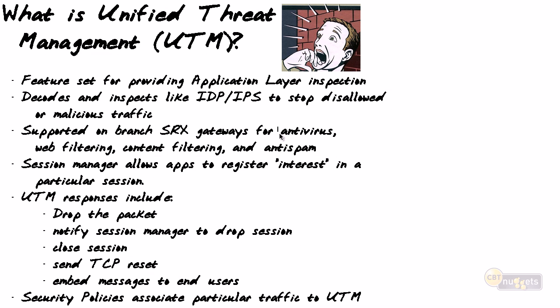I think antivirus and anti-spam, we pretty much have a grasp on that. But if we look at web filtering and content filtering, think of it this way. Web filtering is a more granular HTTP and HTTPS filtering, as content filtering is a whole plethora of applications and services.